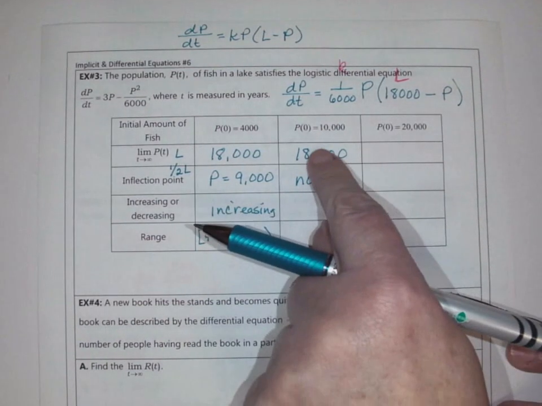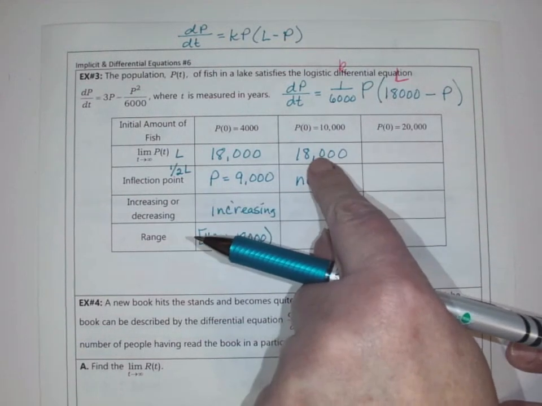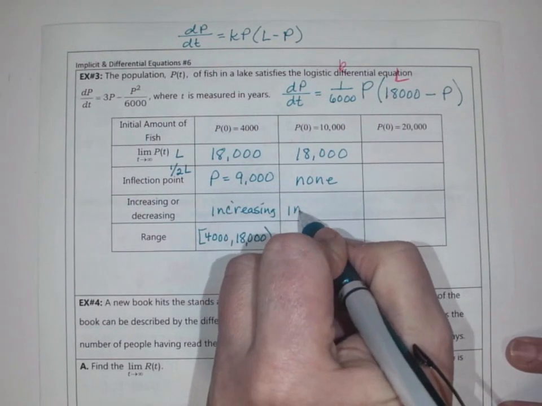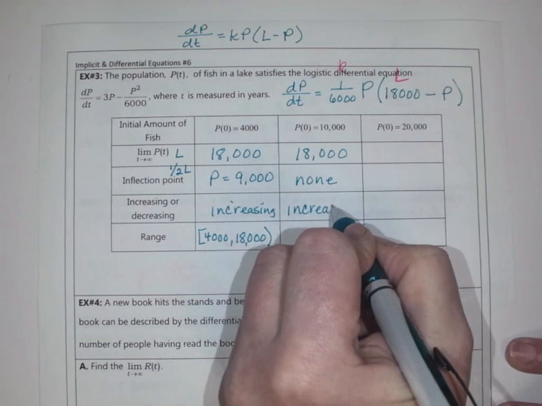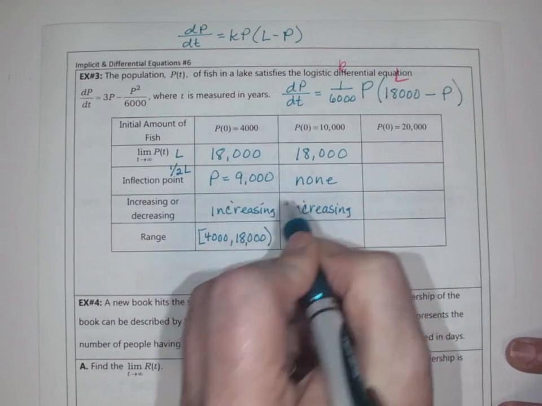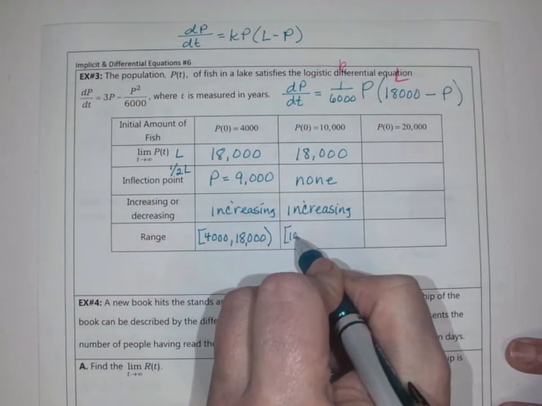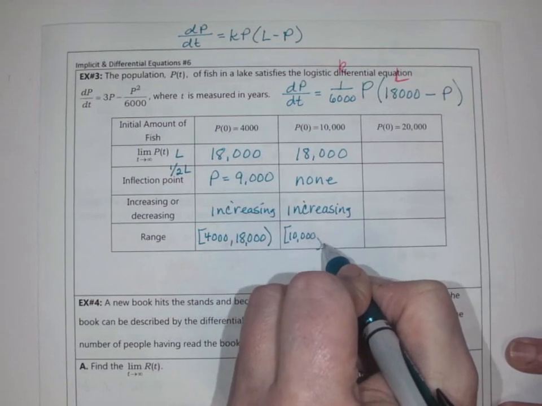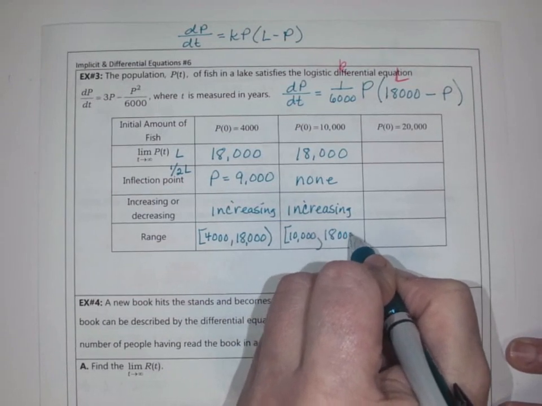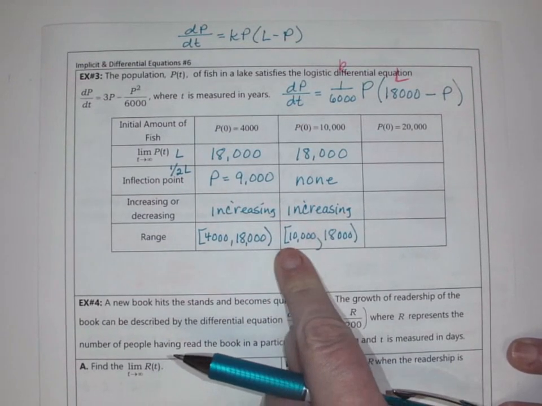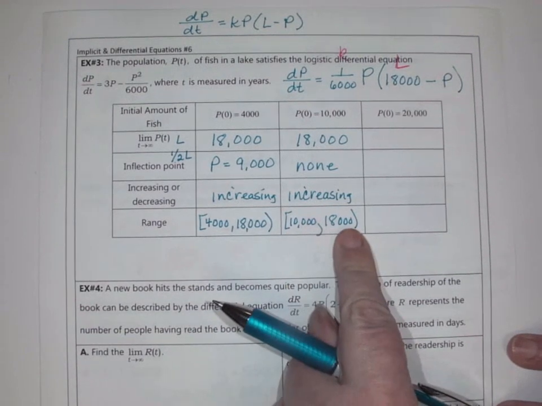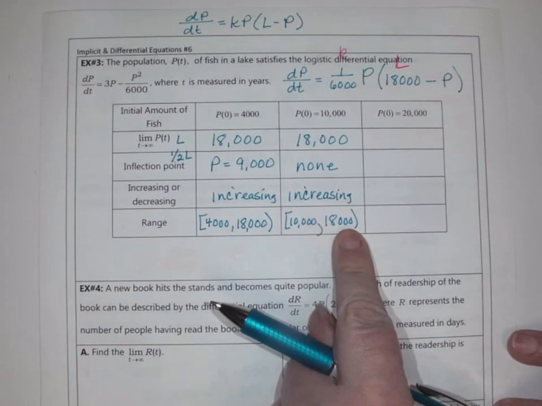It is still going to be increasing, though, because we're starting at 10 and going up to 18. And its range is now going to be 10,000 to 18,000. Again, initial with a bracket, carrying capacity with a parenthesis.